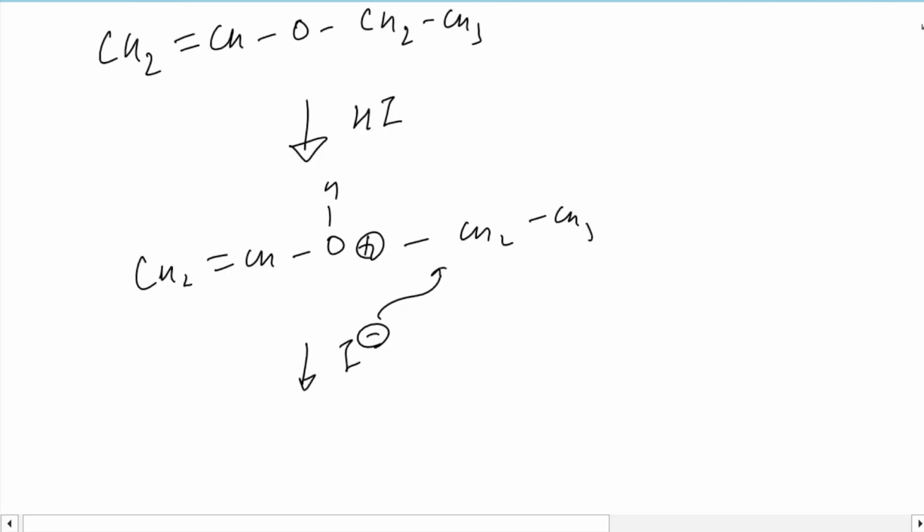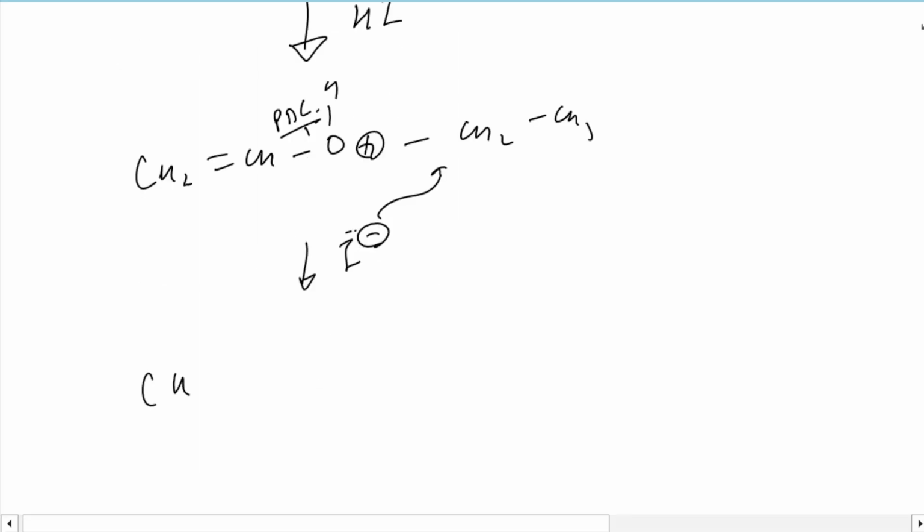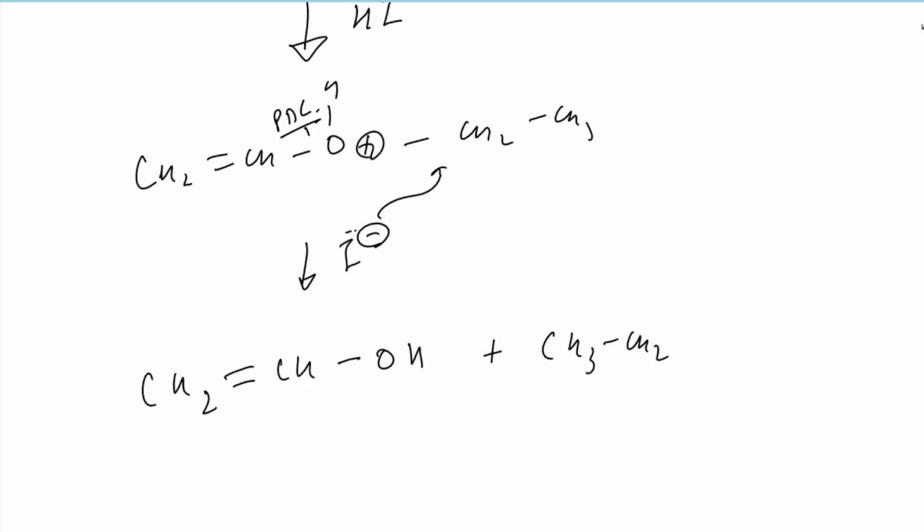It can attack either here or here. There is a partial double bond character here, so this bond is difficult to break, so we will not choose this path. We will choose the easier path, then that gives CH2=CHOH plus CH3CH2I.